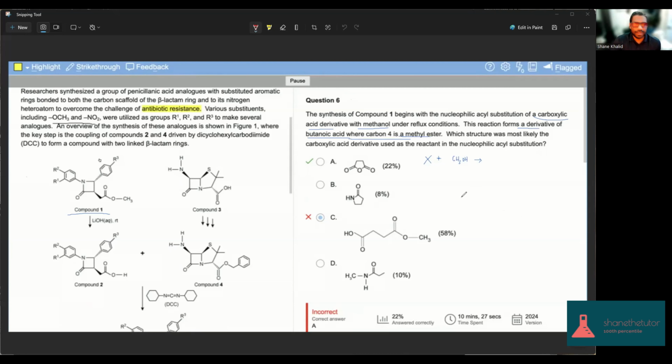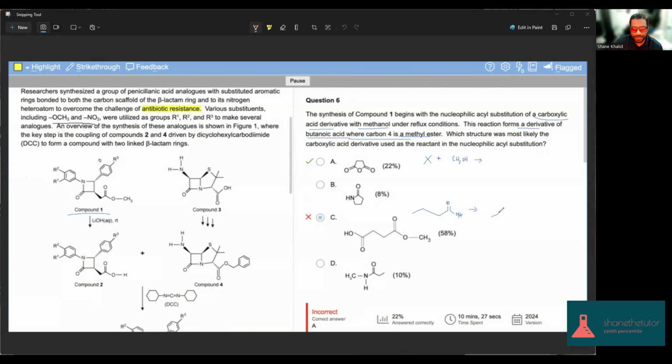So prior to this, I was equating the two, essentially writing down that butanoic acid would be 1, 2, 3, 4, and they're telling us that this reaction causes it to have a methyl ester on its carbon 4.